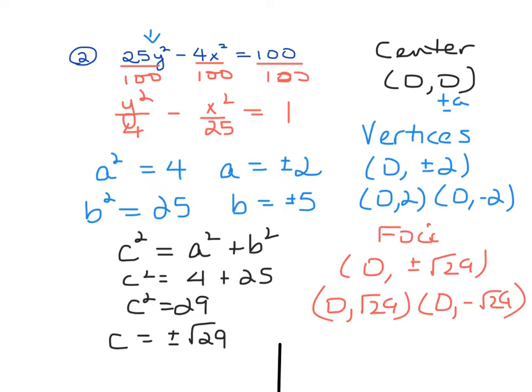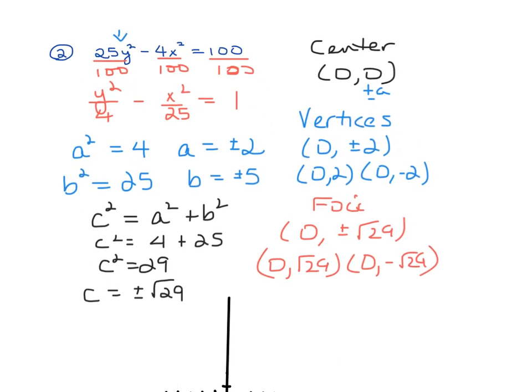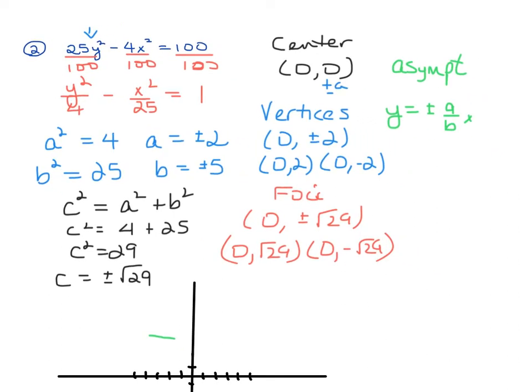Last thing I need to write down is my asymptote. So for the asymptote, again, the y squared is first. So the formula for the asymptote is going to be plus or minus a over b, x. So let's go ahead and plug that in there.